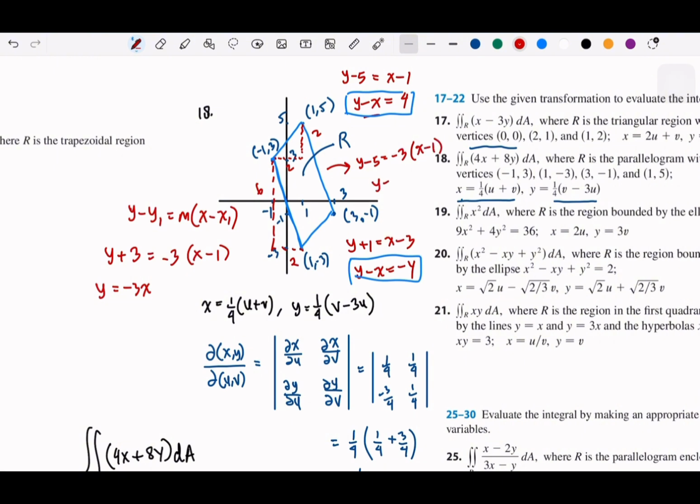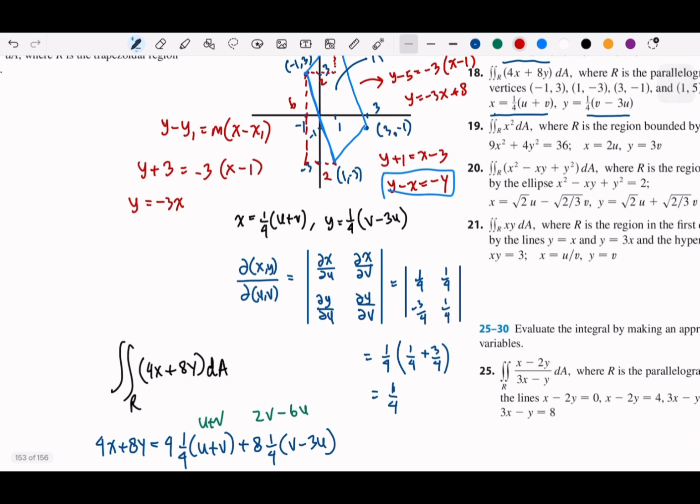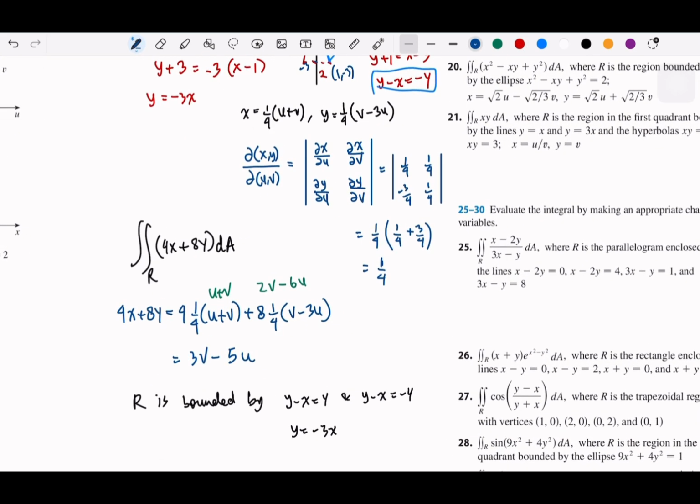So minus 3x plus 8, right? Plus 8. And the -3x plus 8.